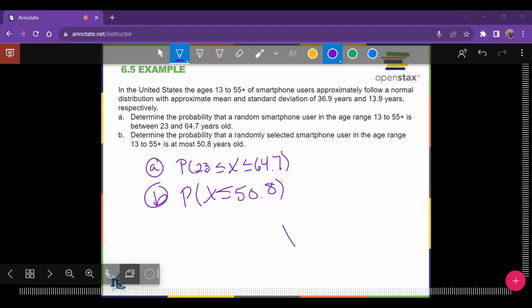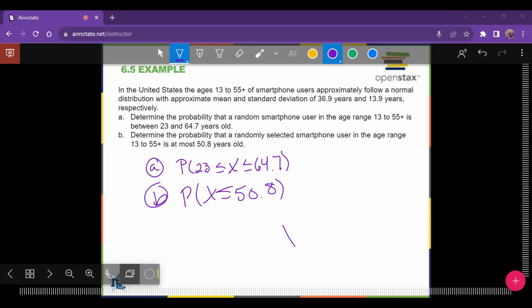Okay, and then so that is approximately 81.86%, or the probability is 0.8186.